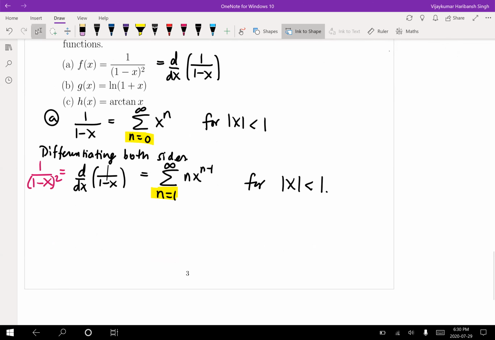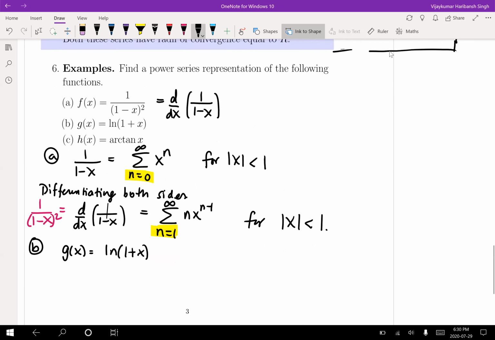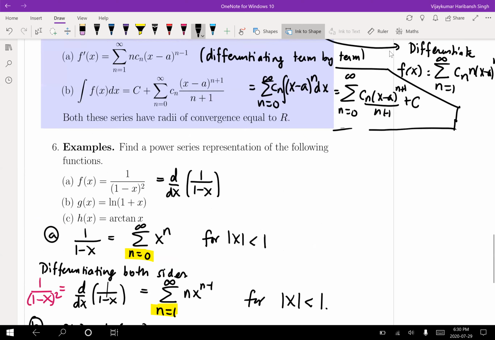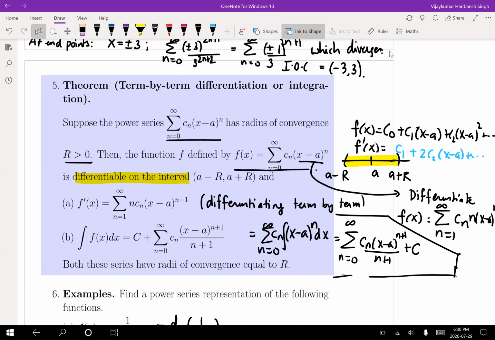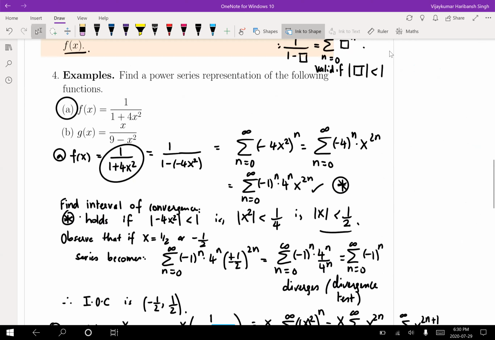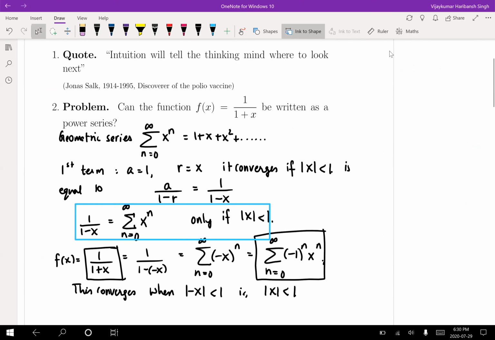Now let's look at g of x, part B. So we have g of x is ln of 1 plus x. Now how does it relate to a known series? The known series we are going to use for all these problems is 1 upon 1 minus x.